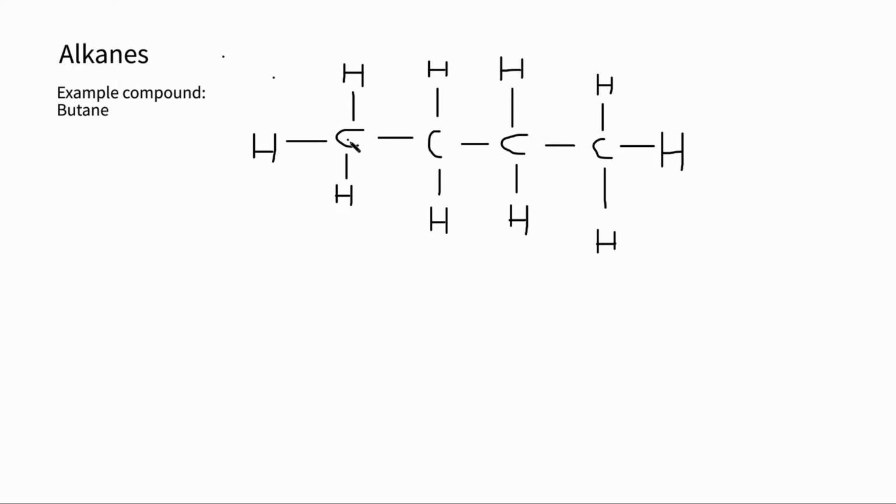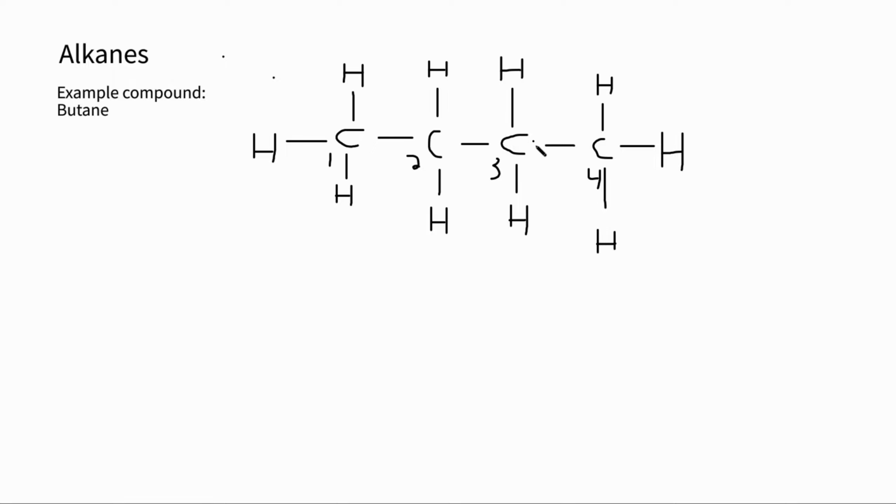So let's count our carbons. One, two, three, four. I'm just going to label those first because that's going to help us in a bit. So we have one, two, three, and four. Now, I want you to look at these carbons. Single bond, single bond, single bond. Interesting.